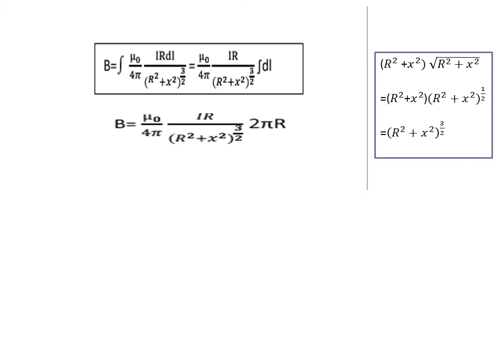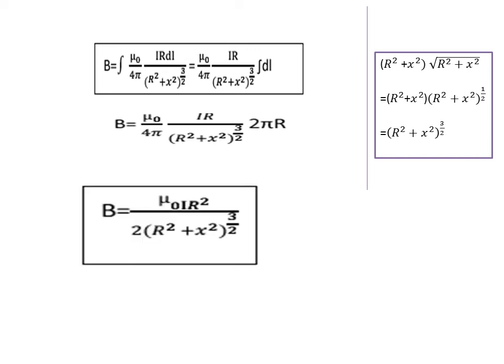Integrating all the dl's, we get the circumference of the circle, that is 2 pi R. So instead of integral dl, we can write 2 pi R. We can write R into R as R square, and cancel 2 pi and 4 pi. So B becomes mu 0 I R square by 2 into (R square plus x square) raised to 3 by 2. This is the equation for the magnetic field due to a circular loop at a distance x from the center of the loop.